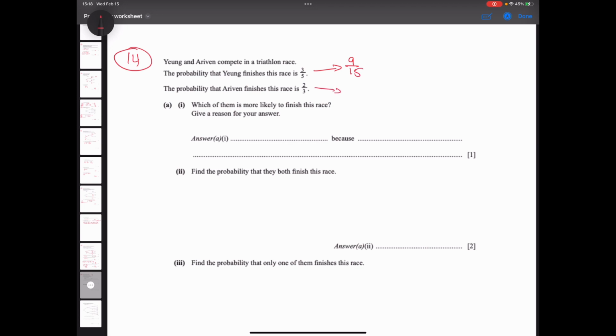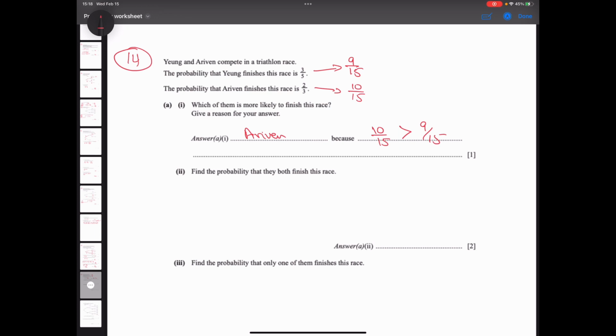Multiply this by 5 and 5, that's 10/15. Which one is more likely to finish? It's Arevan, because 10/15 is greater than 9/15.